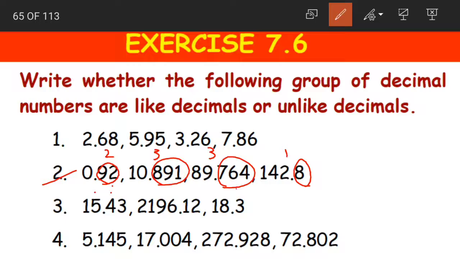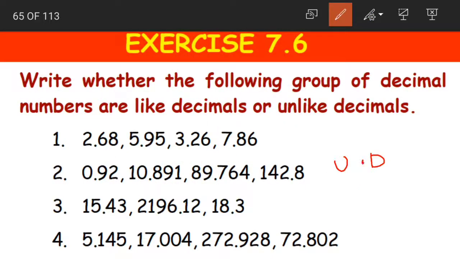If we observe, all the given numbers have different numbers of decimal places. They are not the same. So that is why these are termed unlike decimals, or let me write the short form. I'll write UD here, U for unlike and D for decimals. The decimal numbers given in pair 2, that is the second question, are unlike decimals.